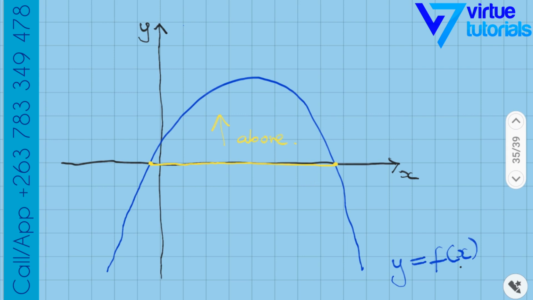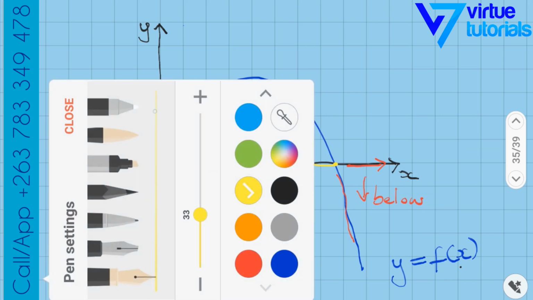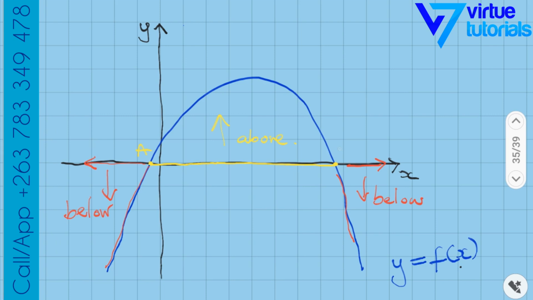But if we move that direction, beyond that point, the curve is now below. So between point A, I'm just going to call it point A, and point B, the curve is above the x-axis, but before point A and after point B, the curve is below the x-axis.